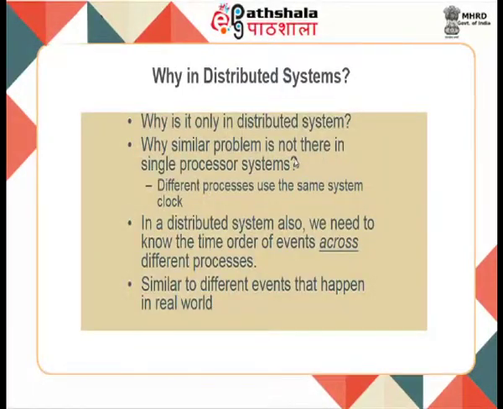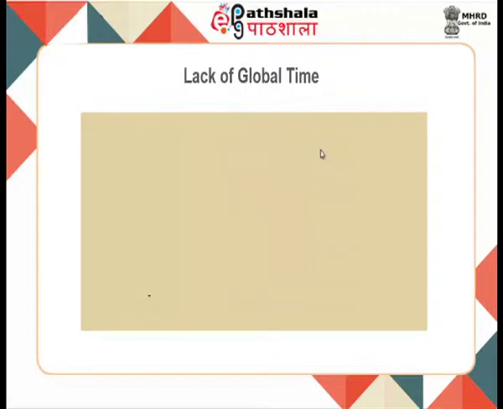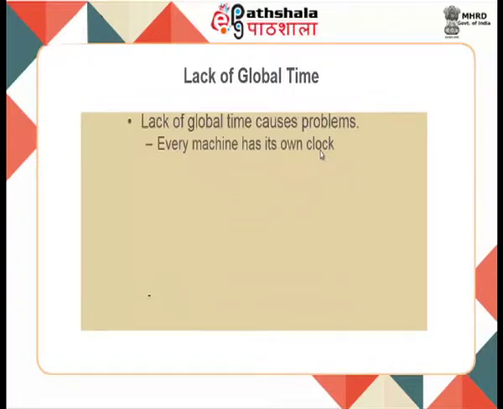So, this is identical to a real world environment, where different events happen according to the clock of the local time. So, what we are actually having a problem is that there is no global clock or global time.